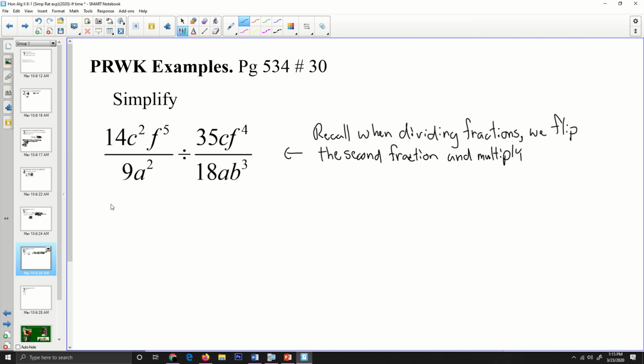So I'm going to rewrite this first one as 14c squared f to the fifth over 9a squared. And then I am going to multiply by 18ab to the third over 35cf to the fourth.